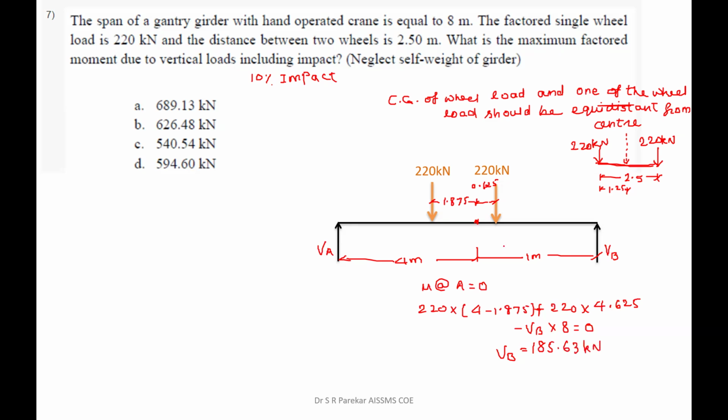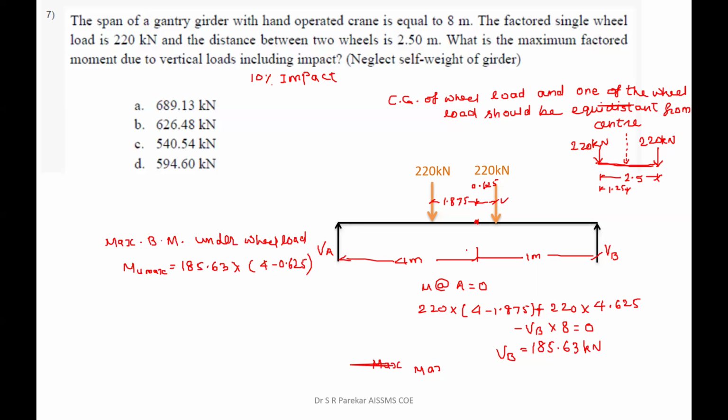185.63 kilonewton. And the maximum bending moment is under the wheel load. I will write here: maximum bending moment under wheel load. And it comes Mu max equal to 185.63 into (4 minus 0.625), under this load which is away from the reaction.